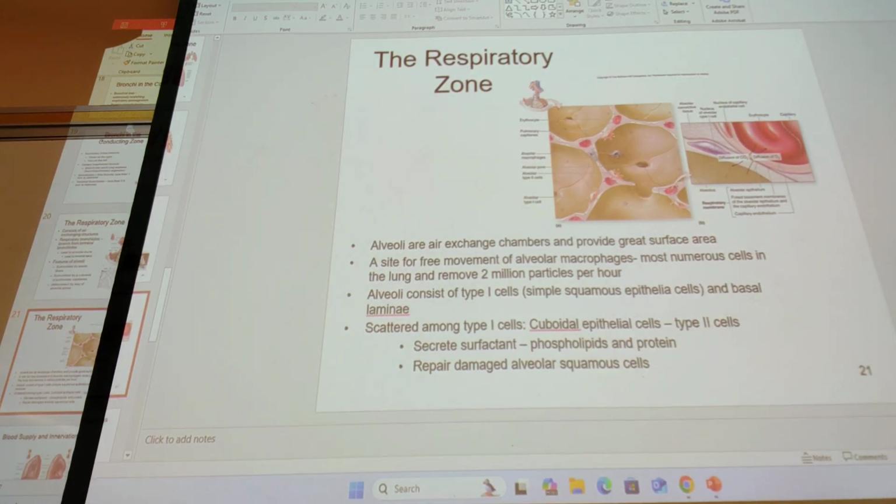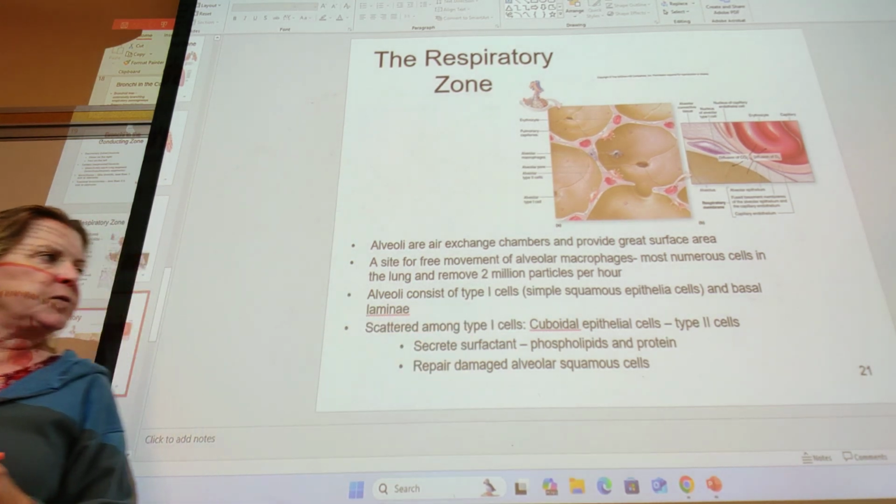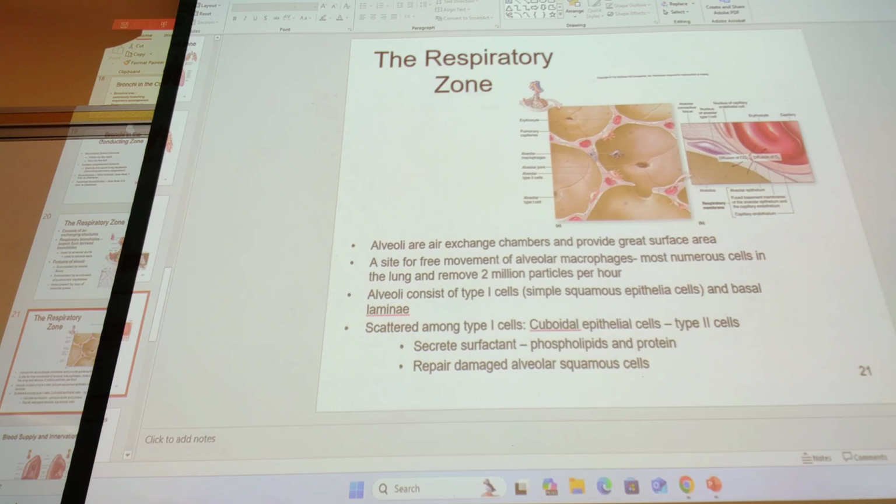Type 1 cells are the simple squamous epithelium that I had on the slide back there for you to identify. But there's also type 2 cells. And the type 2 cells are going to produce surfactant. And surfactant is like a detergent. It has a water-loving part to it and a water-hating part.